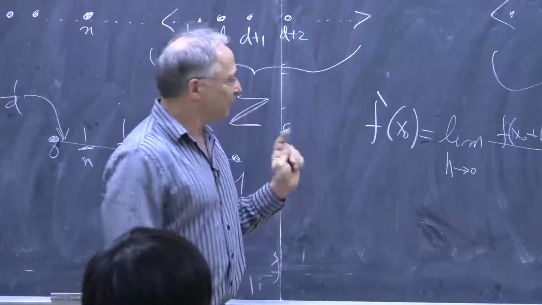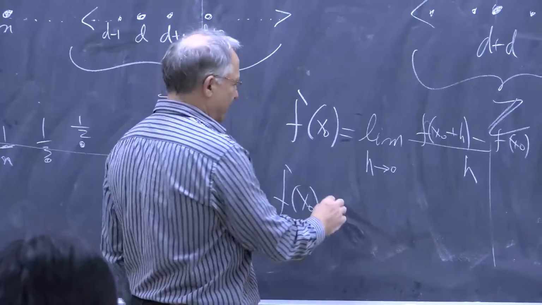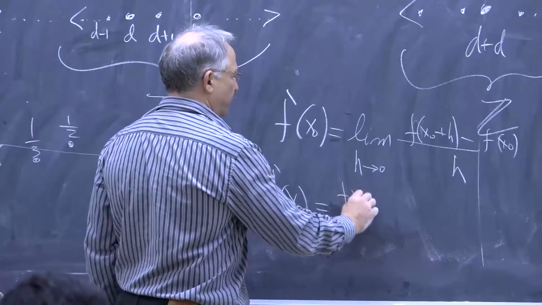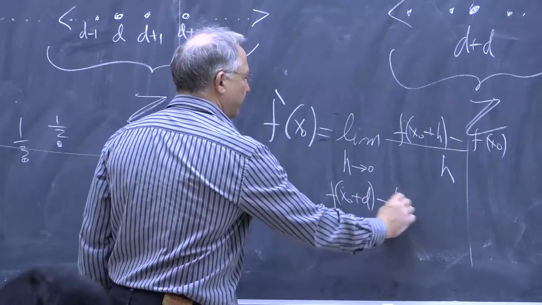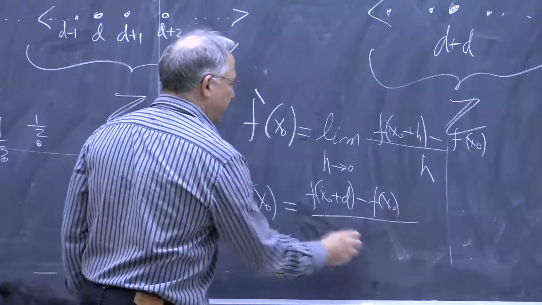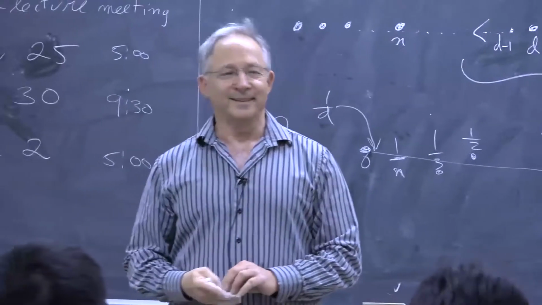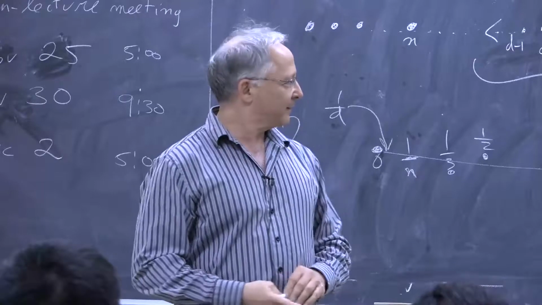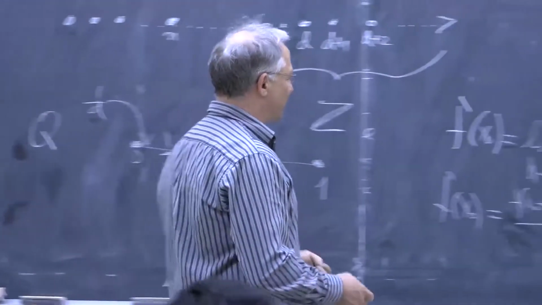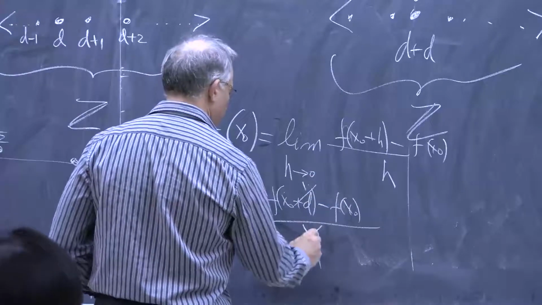But I could instead define the derivative of f at x0, if I have those guys, as just being f of x0 plus d minus f of x0 divided by d for some infinitesimal d. This is 1 over d, and this is 1 over d.